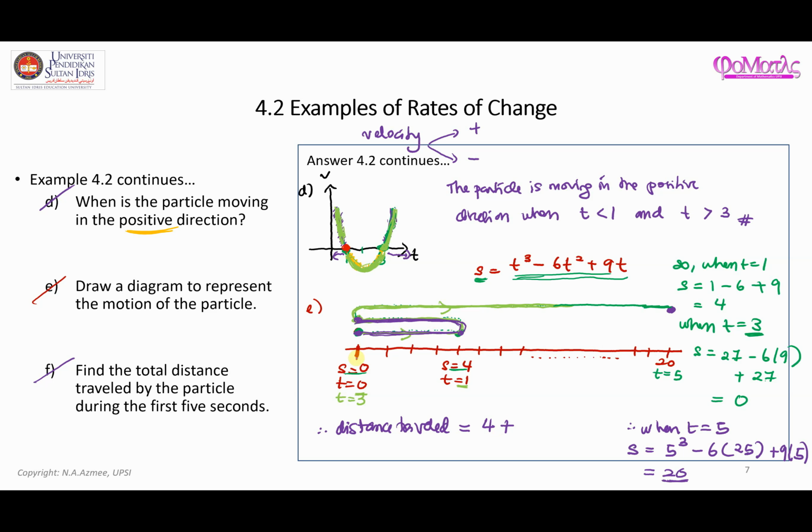It goes back to the point of origin, and then it turns to this direction for 20 meters. So the distance traveled is 28 meters in total. Okay, that's all for now. Thank you very much for watching.